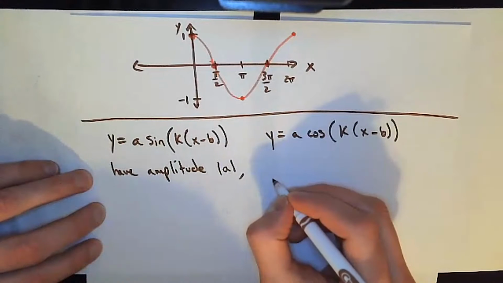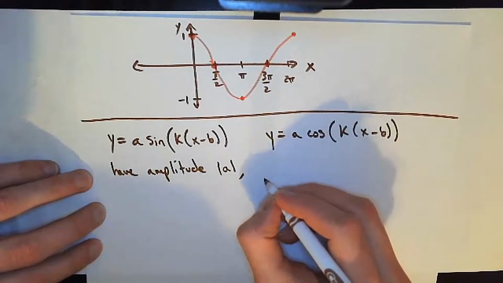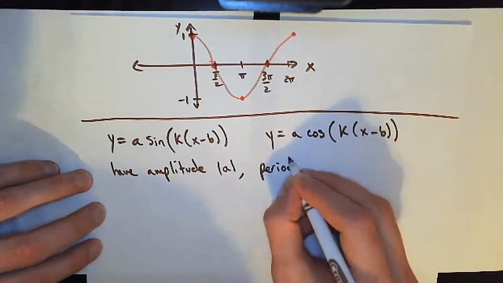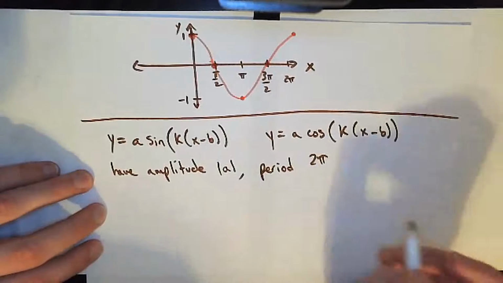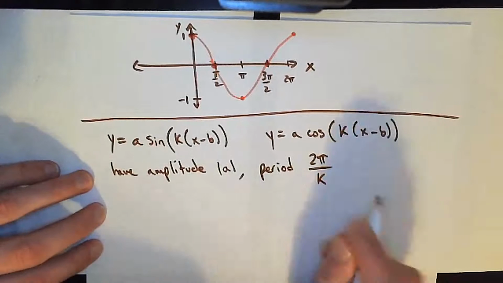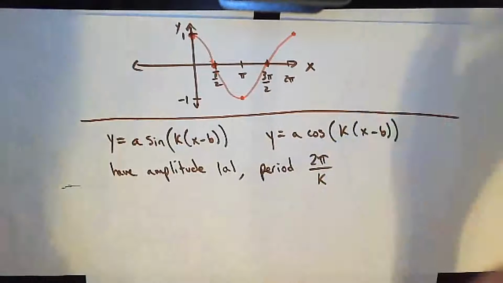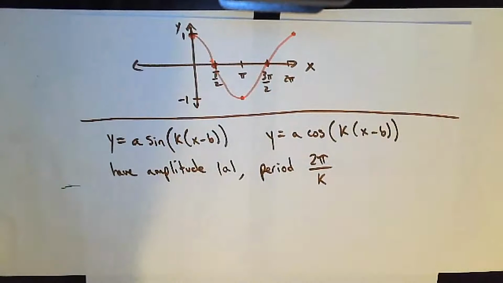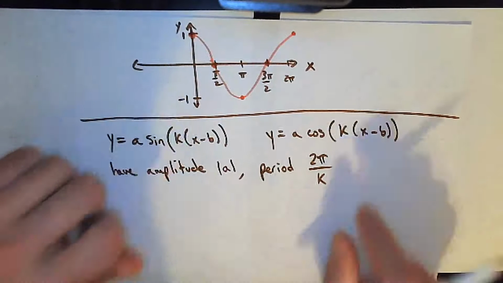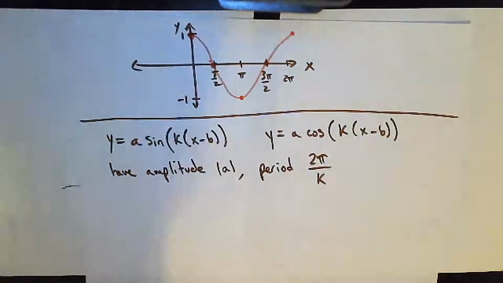They have period 2π, that's the base period, divided by whatever that number k might be, because that's the compression. K here is compressing the period, unless k is a fraction less than 1, and then if you divide by it, it's stretching it, right?